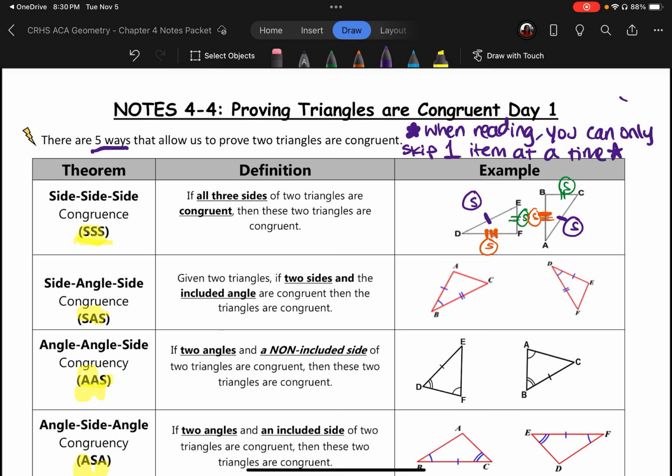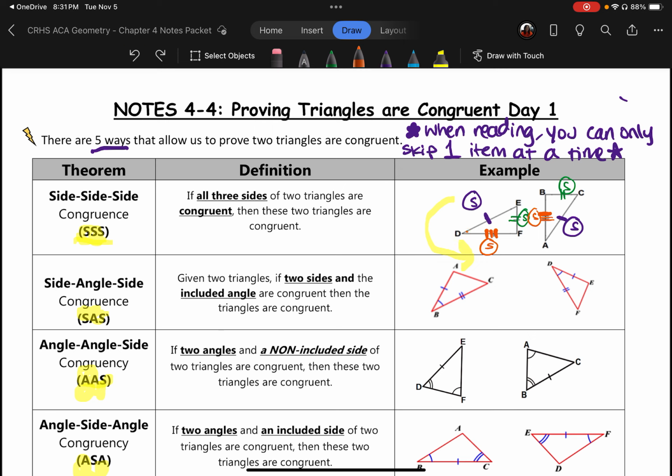And so when I say that you can only skip one item at a time, I'm going to show you what I'm talking about here. So let's say, for example, that I started at the purple side here. If I decided to read this going around the triangle, going this way, then as I travel from this purple S to the orange one, the only thing that I'm skipping right here is angle D. So I'm skipping one item, okay?